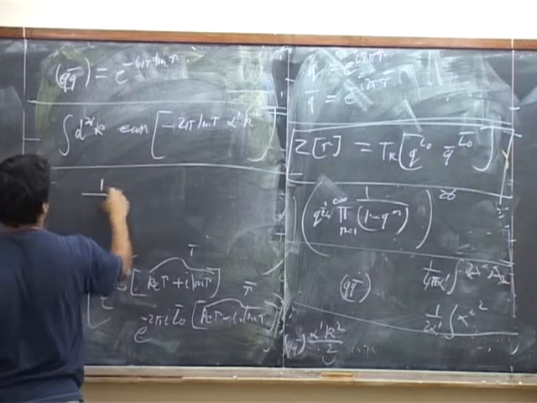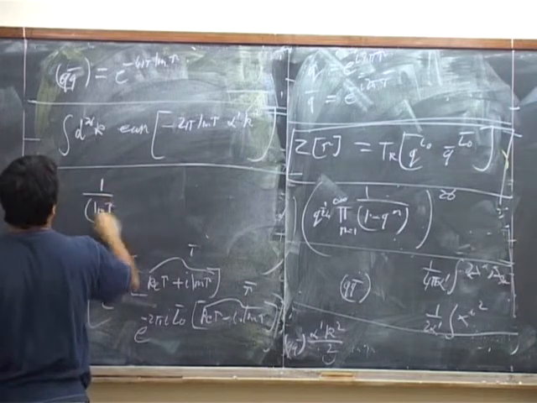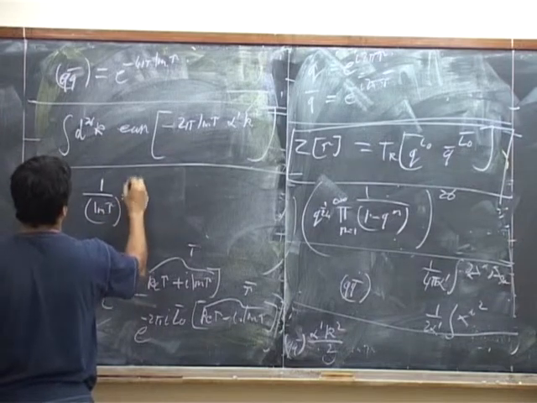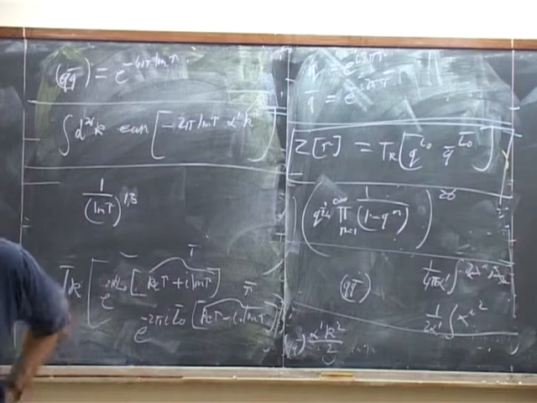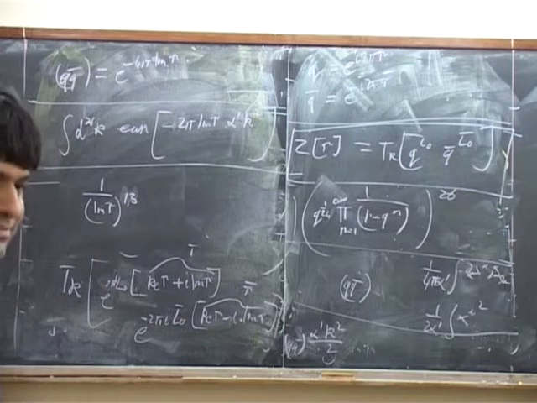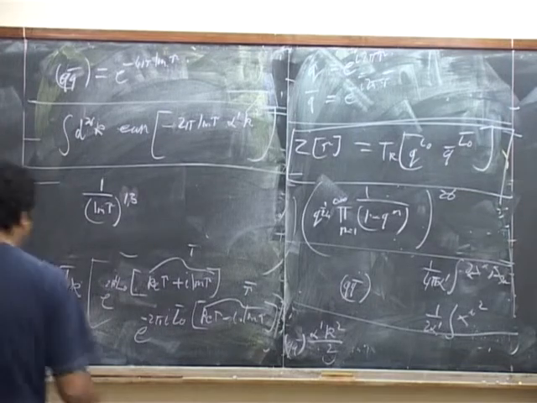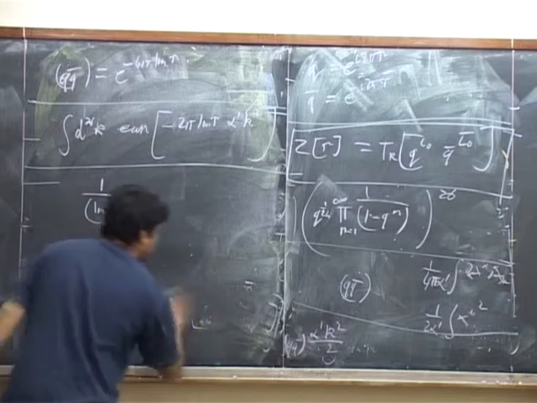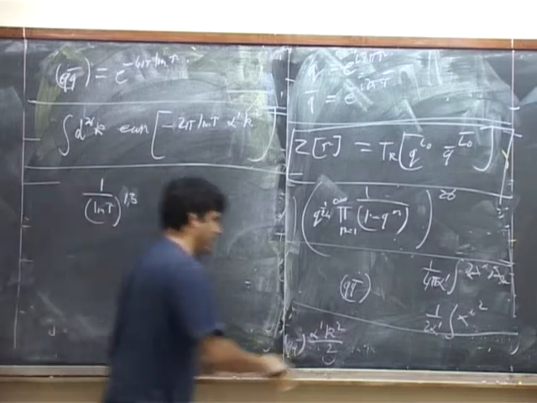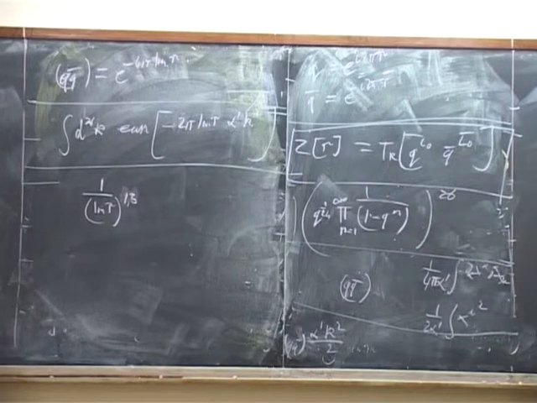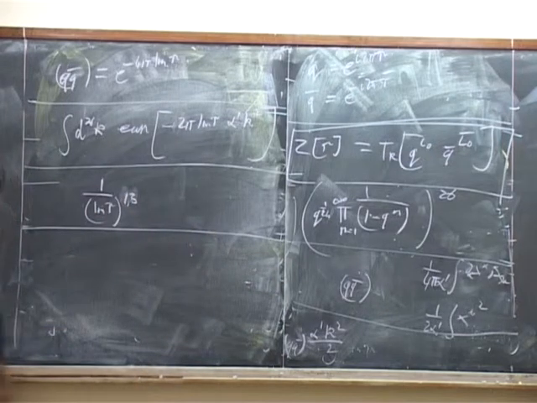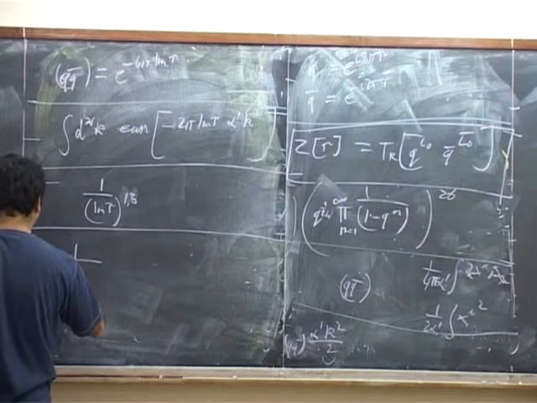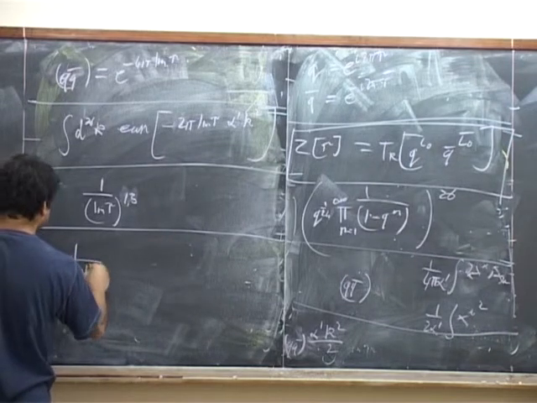After constants, it's simply 1 over Im tau the whole to the power 26 by 2, so 13. So what's the final answer for the partition function of the free boson? It's 1 over Im tau to the power 13.